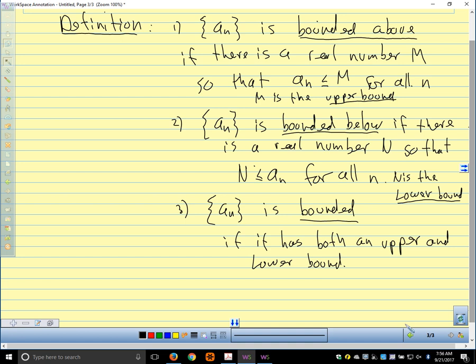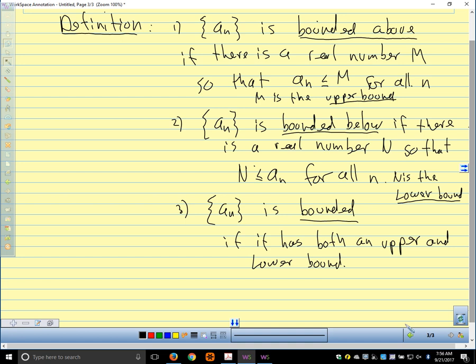Now, the next part takes a little more work than we can do here, but it relies on the property of the real numbers that says they're complete, and the idea of a complete set means there are no gaps or spaces between the real numbers. There's always a real number between another real number.